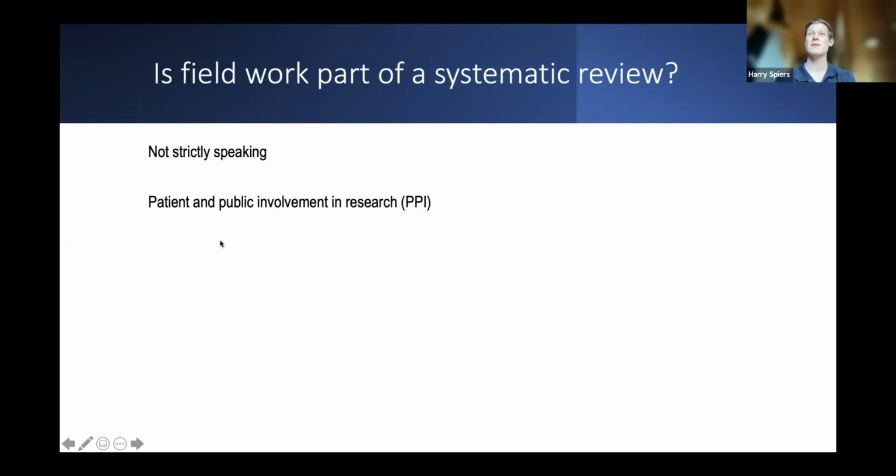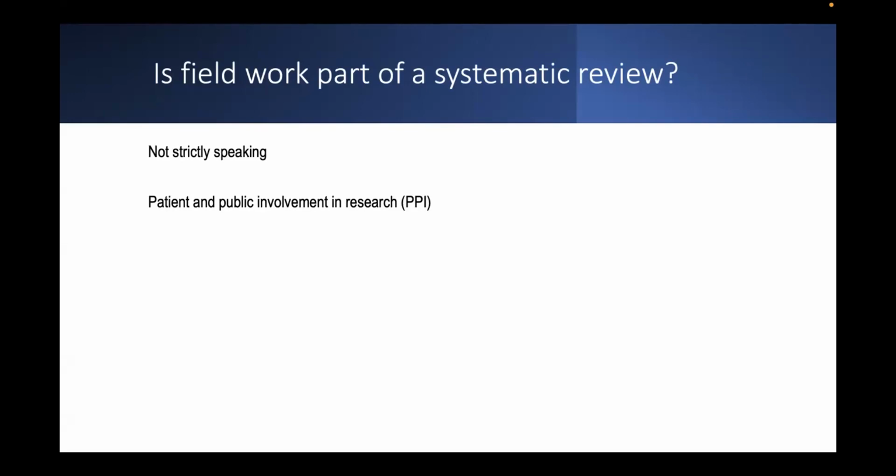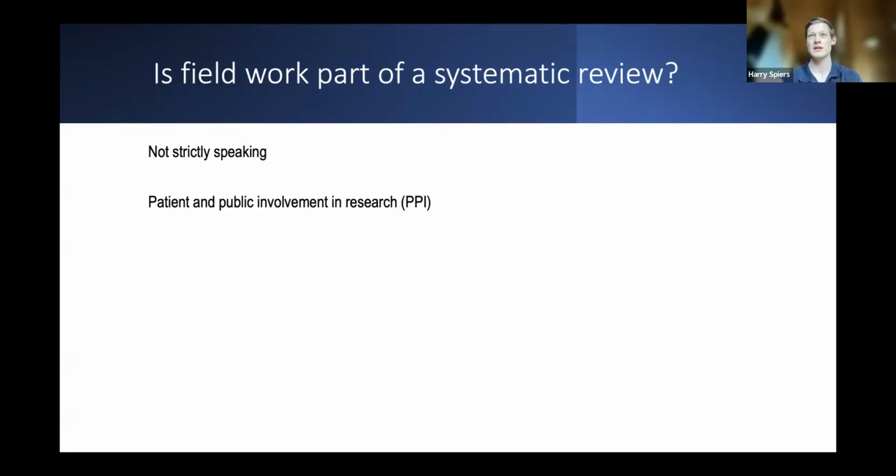So the first question, which I thought was a really good question, and I've put it at the front because for me it actually comes at the front, was: is fieldwork part of a systematic review? I took fieldwork here to mean observing whatever you're looking at in its natural environment. For example, if you were doing a systematic review of robotic surgery, do you need to go and look at some robotic surgery, or look at things in the field, on the ground, before you do your systematic review?